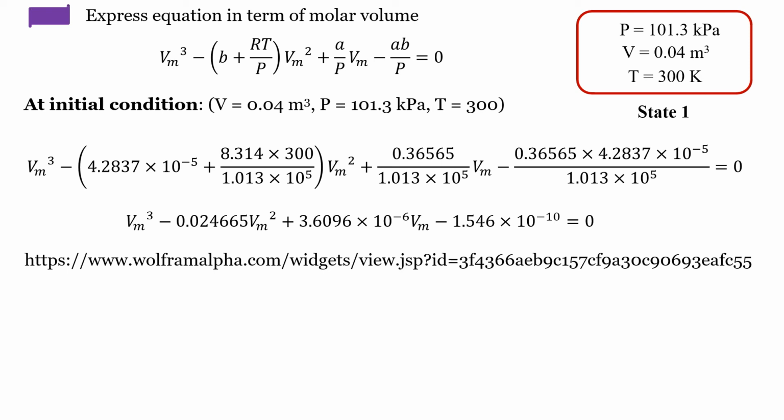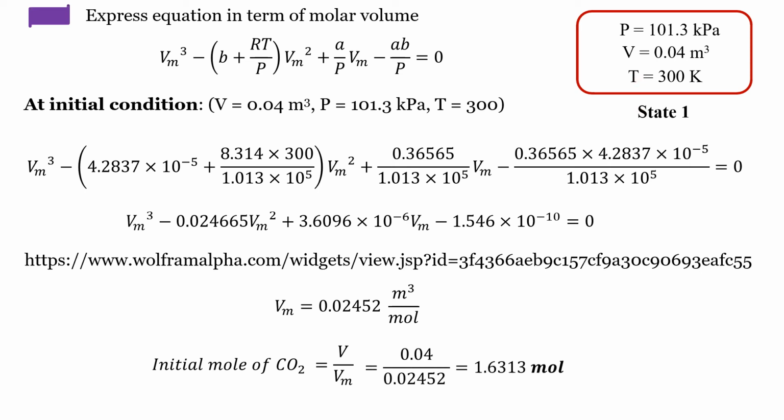We will take the help of this website and we will get the molar volume equal to this much. Now we can write this molar volume as volume divided by moles. So we can find the initial moles of CO2, that is N1.